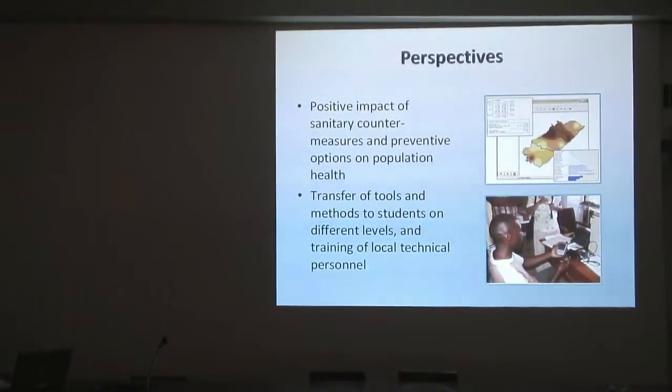And my project will have the following perspective: a positive impact of sanitary countermeasures and preventive options on population health. I'm going to work in a multidisciplinary team, and I'm going to transfer tools and methods to students on different levels in France and Senegal, and train local technical personnel.